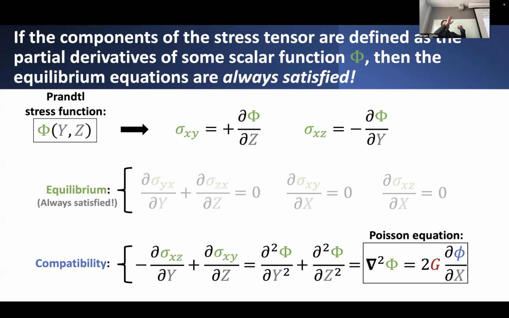It was some strange looking function of in-plane coordinates, whose partial derivatives with respect to different combinations of the in-plane coordinates gave us descriptions of the stress components, which somehow magically, automatically, and always satisfied the equilibrium equations, such that we could just rule out having to consider enforcement of equilibrium altogether and just isolate attention to checking whether our presumed solution for this stress function happened to satisfy compatibility.